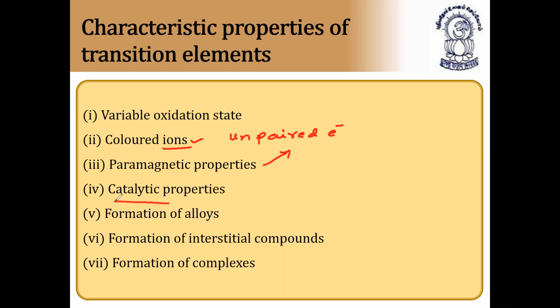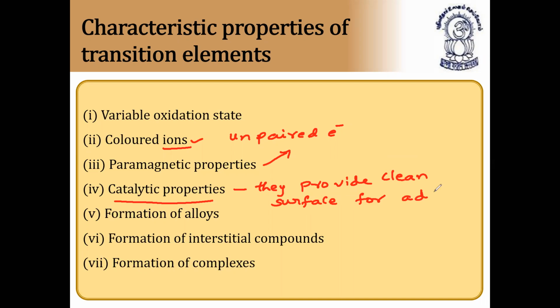And catalytic properties. Most of the transition metals are used as catalysts. Why? Because they provide a clean surface for adsorption.